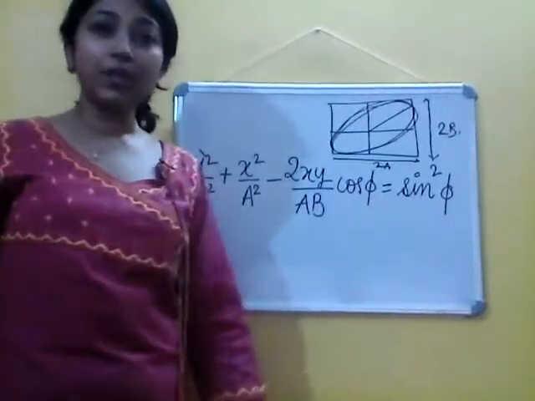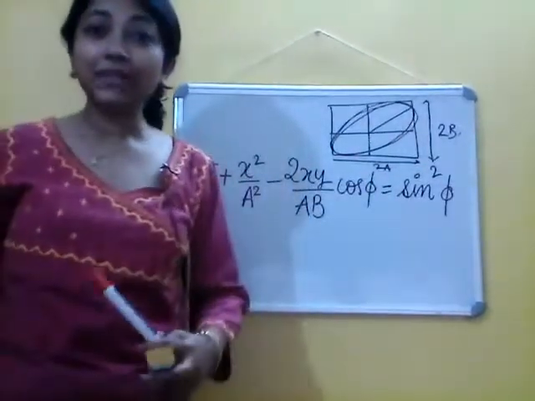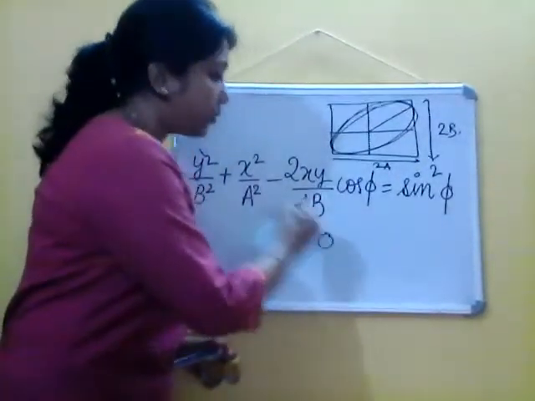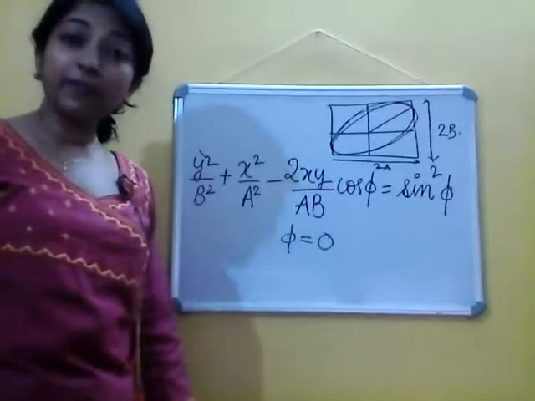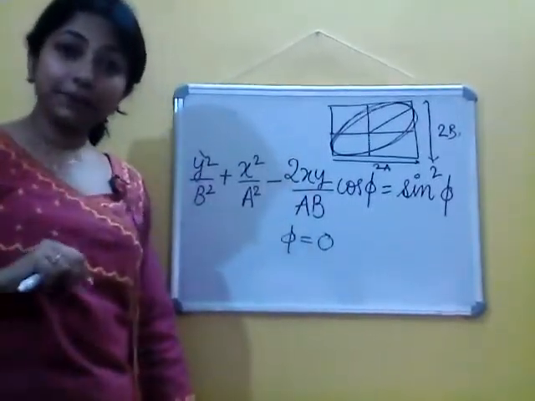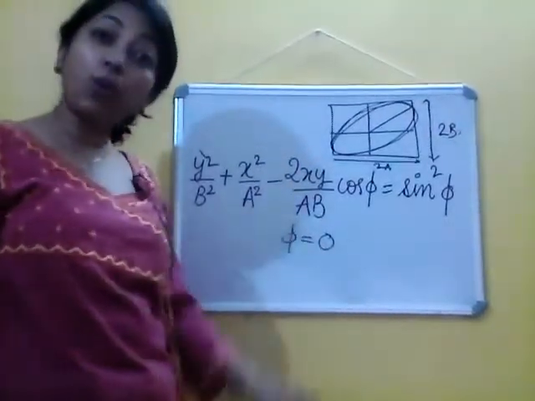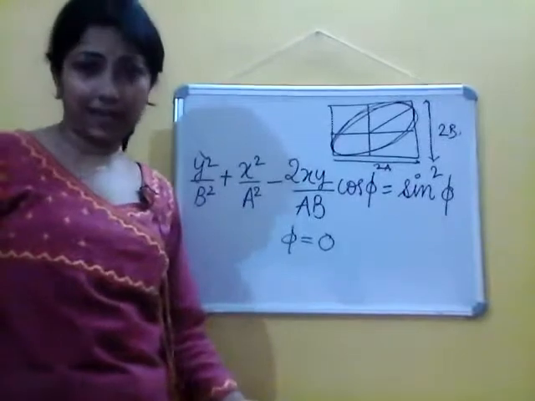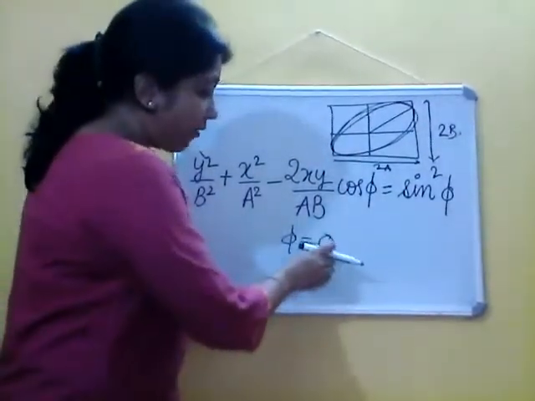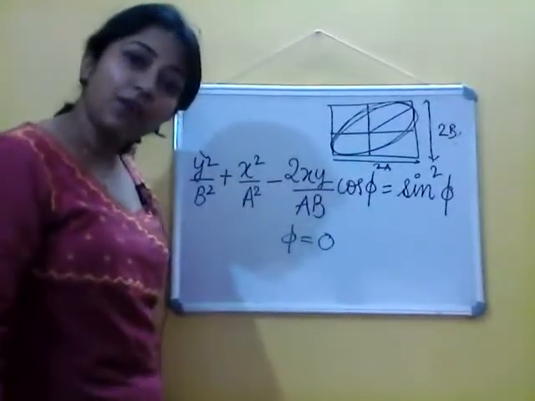If I now ask you, what will this equation look like if the value of this phi is 0? Remember we began with a phase difference of phi between the x and the y. What will be the scenario if the phase difference is 0 or 2 pi or 4 pi as such? Tell me, what will be the value? In case phi is equal to 0, sin phi will be 0.